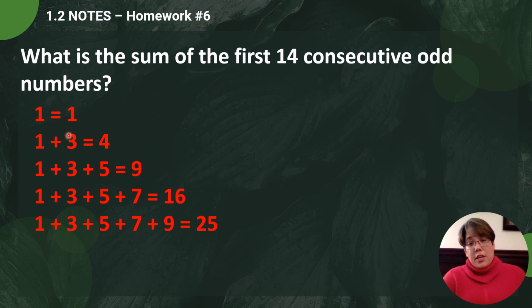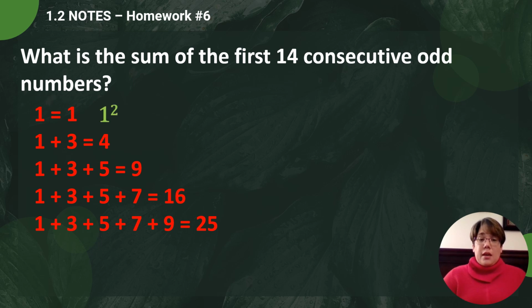So if you look at these answers, 1, 4, 9, 16, 25, you may not recognize those numbers right off the bat, or you might, but in math, those are special numbers. Those are actually called perfect squares.